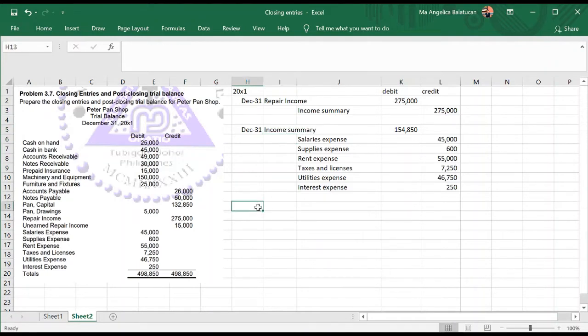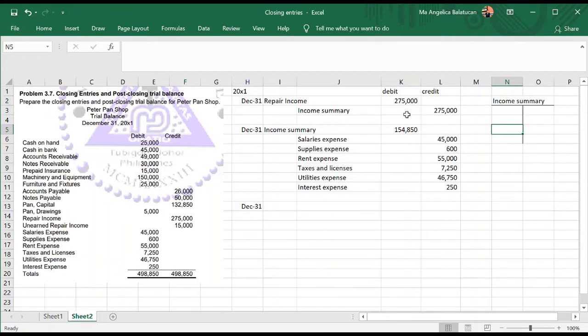The next thing you're going to do is to get the balance of your income summary. If we're going to prepare a T account for the income summary, let's make a T account here. Then we'll place income summary. We are going to post the entries.